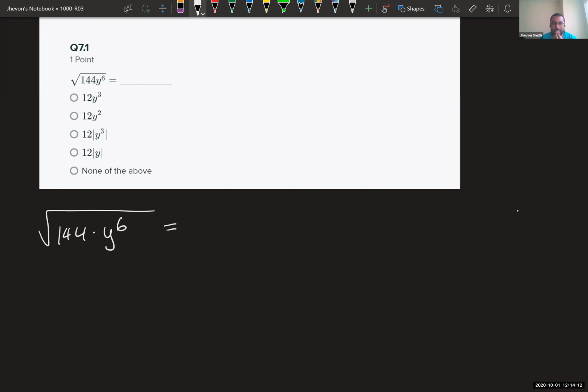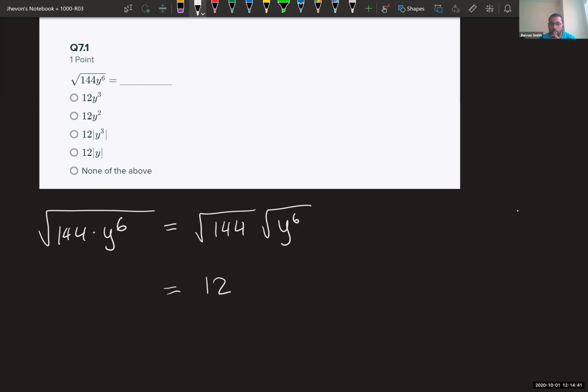Give me baby steps. You can separate them and just do the square root of 144 and then the square root of y to the 6. Right. Because a radical is a power. You can distribute a power across a product, right? So when you see that, probably the first thing you're going to want to do is to just actually separate the radicals. Now, the radical of 144 we do know is 12.